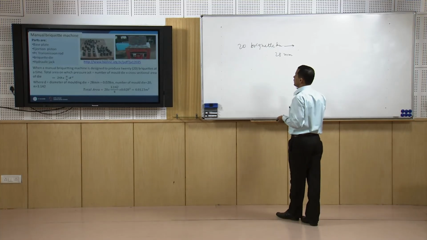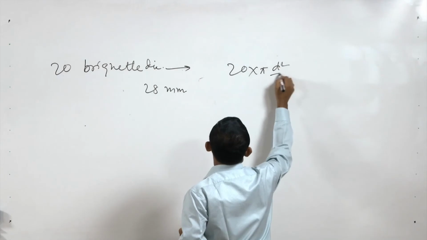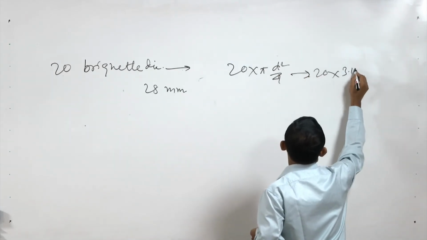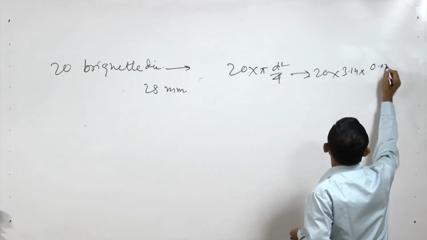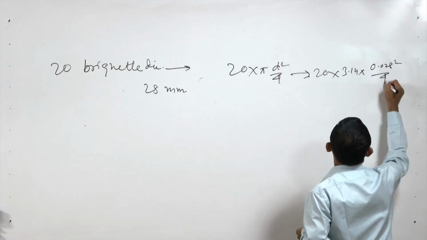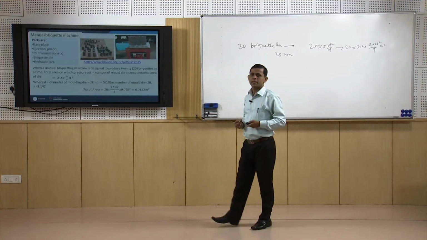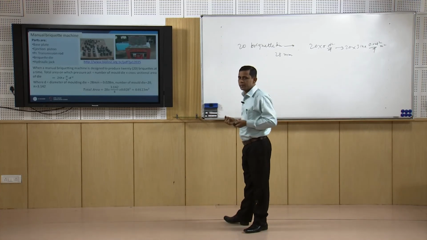That will be 20 into pi d square by 4, that is 20 into 3.14 into 0.028 square by 4, in meter square. So, this much area we are getting through which the pressure will be transmitted.